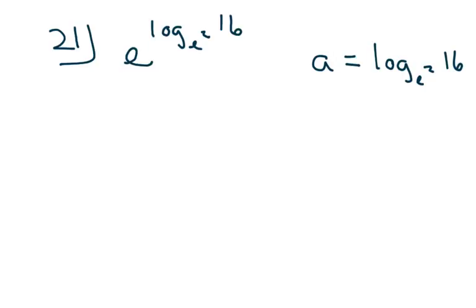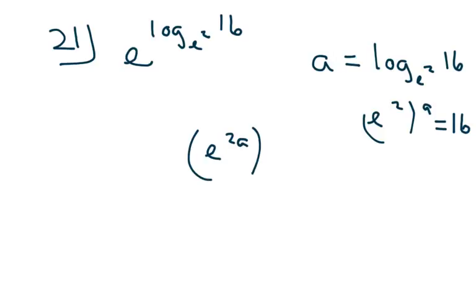Then I know that e to the 2a equals 16. Okay? So what we're going to do next is do e to the 2a to the 1/2 equals 16 to the 1/2.